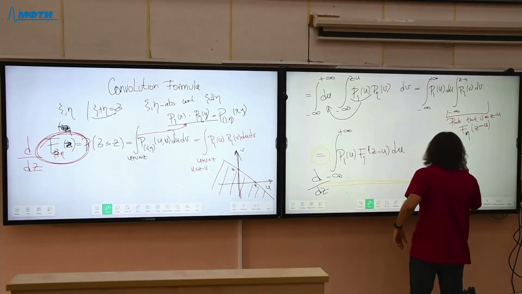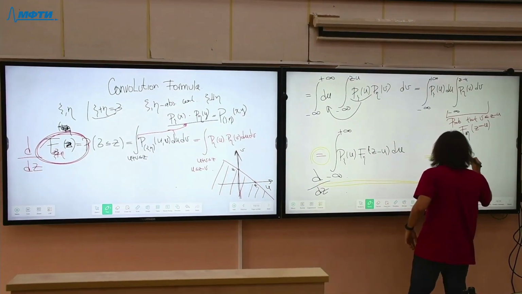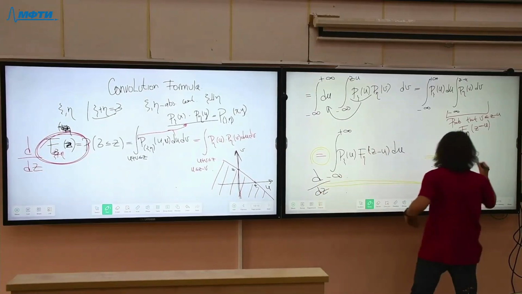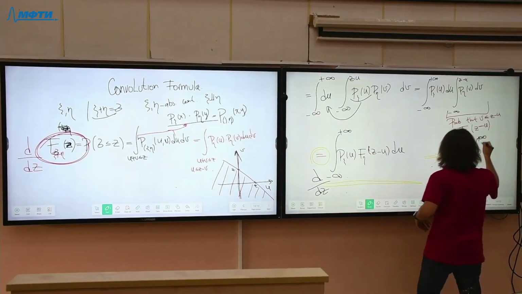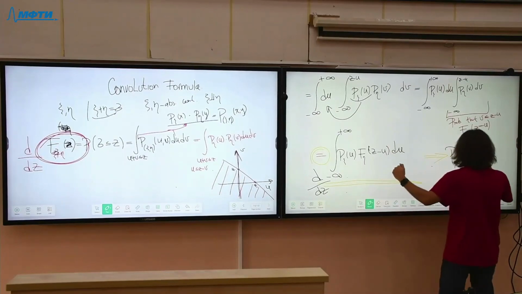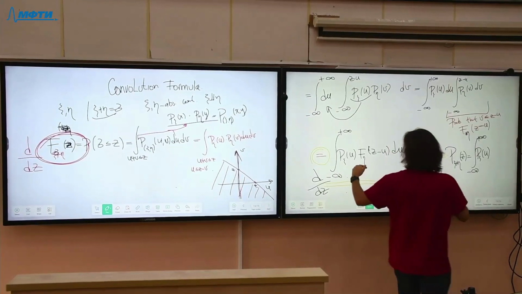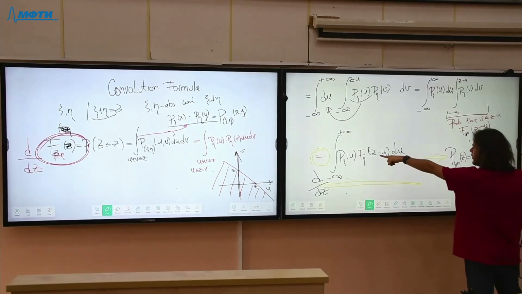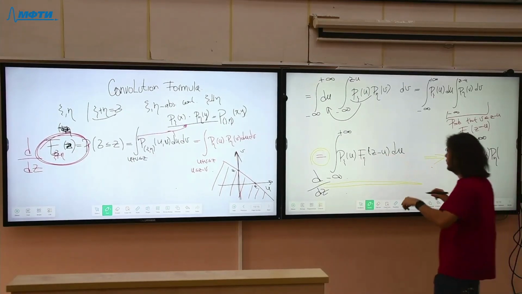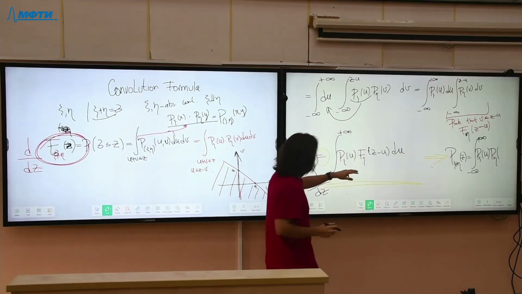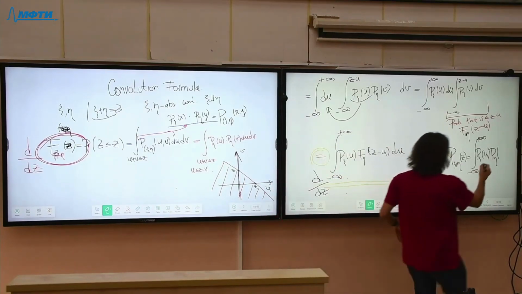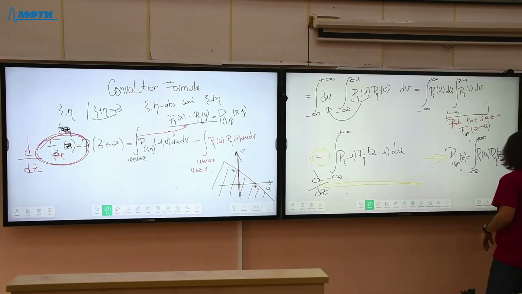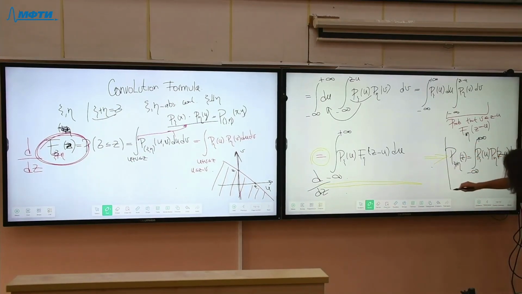So the PDF of psi plus theta is equal to the integral from minus infinity to plus infinity of the PDF of psi at u times the PDF of theta at z minus u, du. This is actually the formula that we are going to use. And that's it for the lecture.